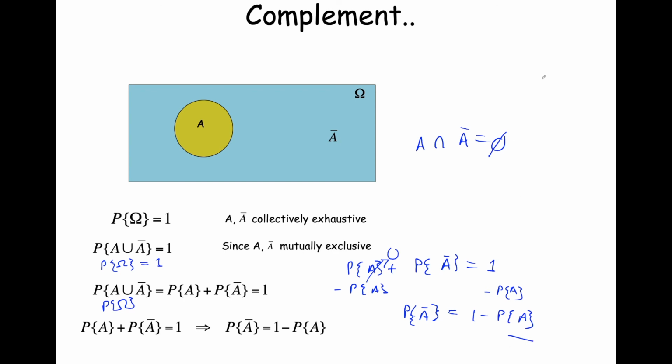Okay? So if we said, what is the probability of the evens, that's nothing more than 1 minus the probability of the odds. So if we said, what is the probability of not 1 for the roll of a die, that's equal to 1 minus the probability of 1, right?